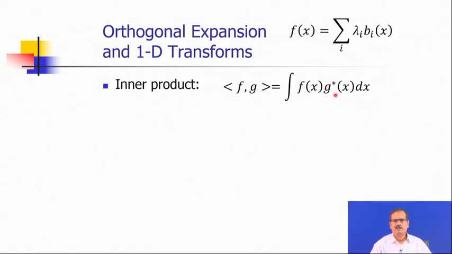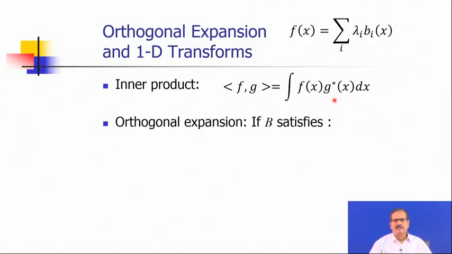Now, of course, you should note that it is not a simple product. It is a product of the function f(x) with the complex conjugate of g(x), and that is what we are considering here. If both f(x) and g(x) functional values are in the real domain, then the complex conjugate will be the same functional value. So, then we can write it as f(x) into g(x) dx.